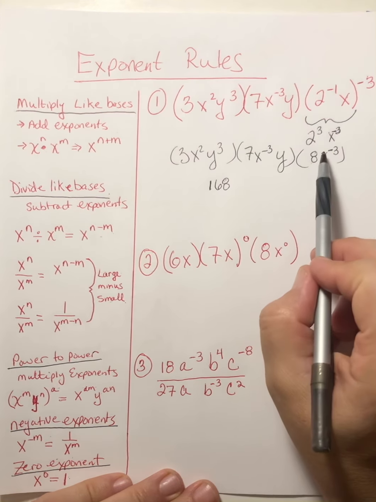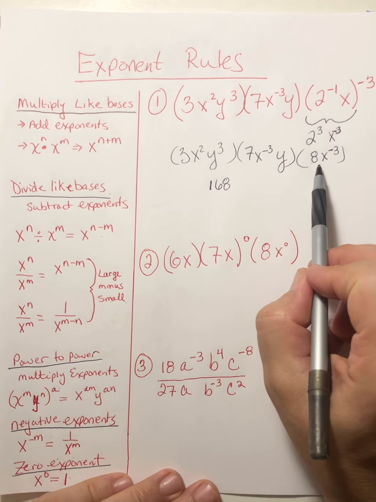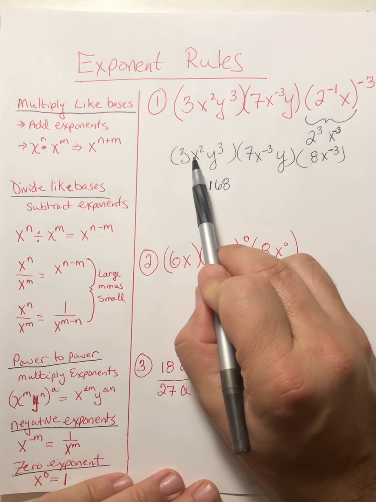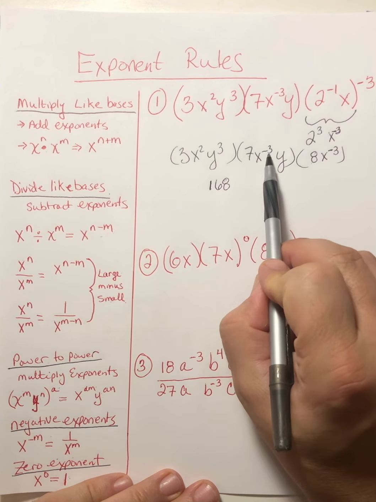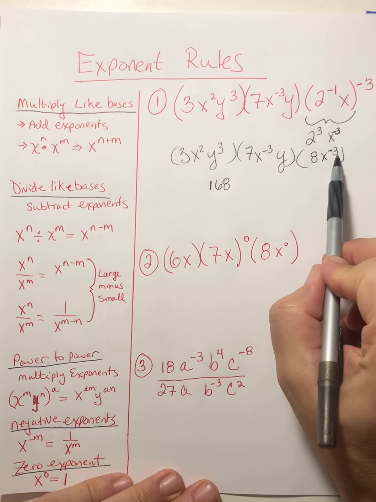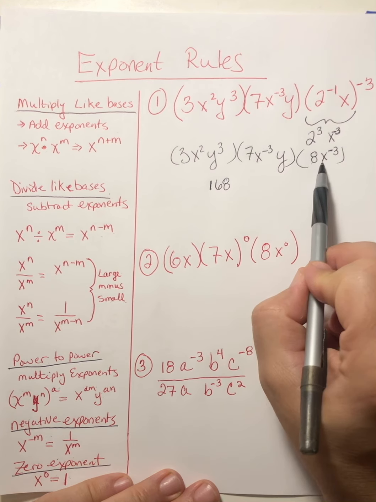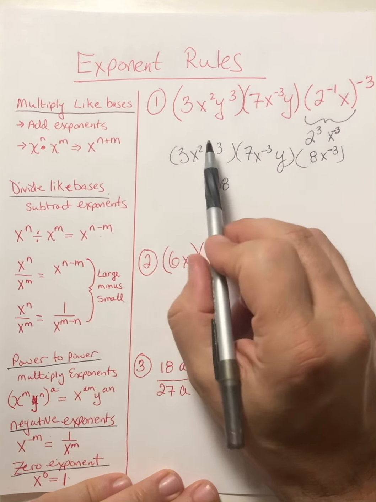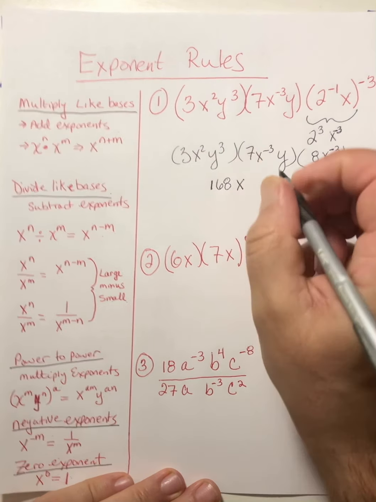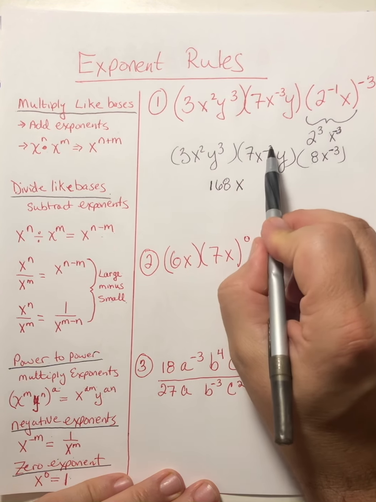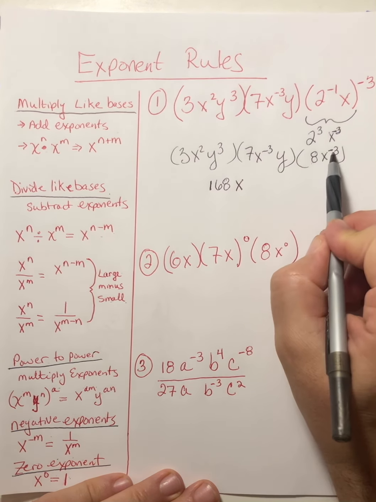Okay. Now I'm going to go alphabetical order. So it's x squared times an x to the negative 3 times an x to the negative 3. I don't care that these are negative exponents. What do we do when we're multiplying like bases? That's right, we just add. So it's an x, and then it's a 2 plus a negative 3 plus a negative 3.